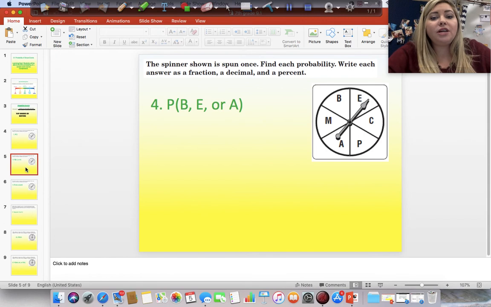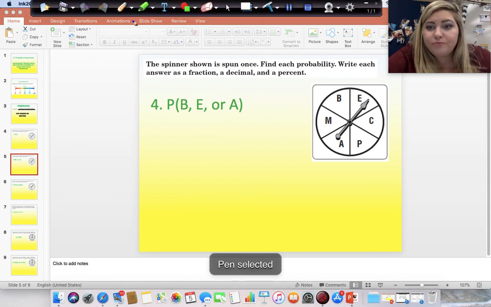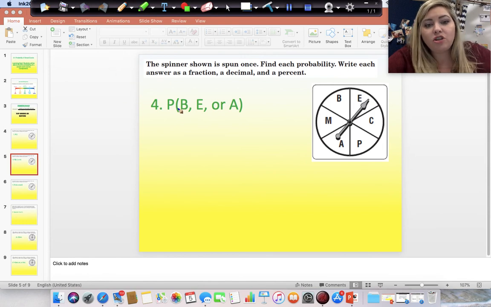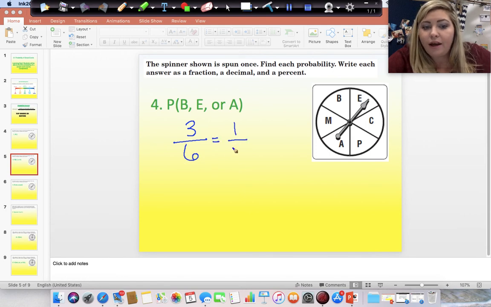So the spinner is shown as spun once. Find the probability for each. Write it as a fraction, decimal, and a percent. So the probability of getting B, E, or A. There's 1 B, there's 1 E, and there's 1 A. So that's a total of 3, out of how many total? We've got 1, 2, 3, 4, 5, 6 again. So 3/6, that actually reduces to 1/2.